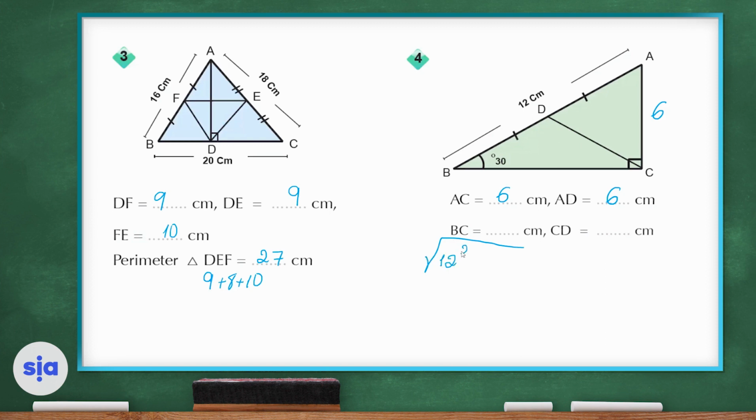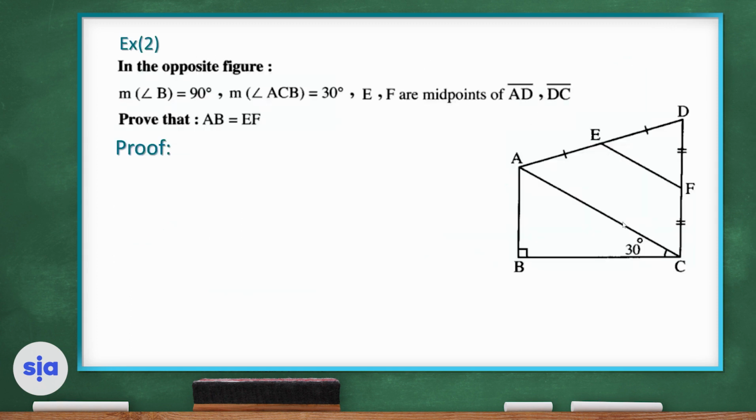So it's 12 squared minus 6 squared, then it is 6 square root of 3, where the length of CD is 6 centimeters.